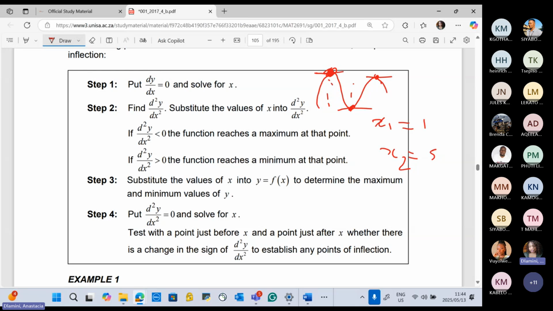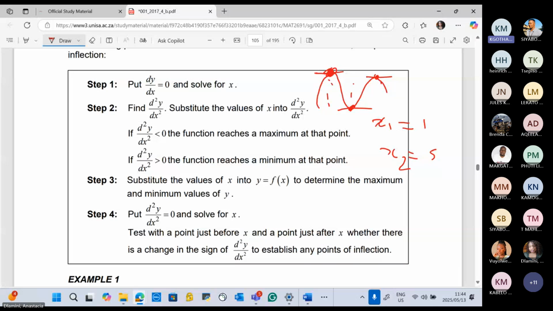It's negative. So if you put x1 in the second derivative and find it is negative, then that point is a maximum. Let's call it the position of the maximum point. Does it make sense?